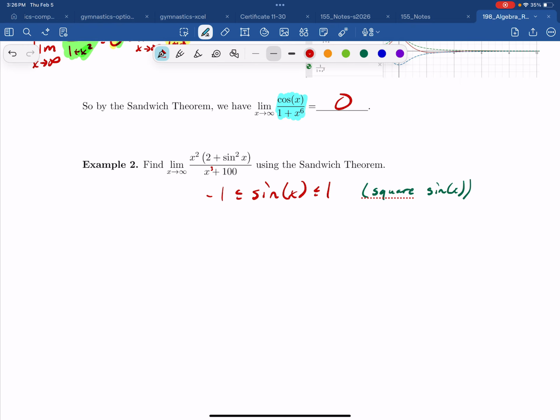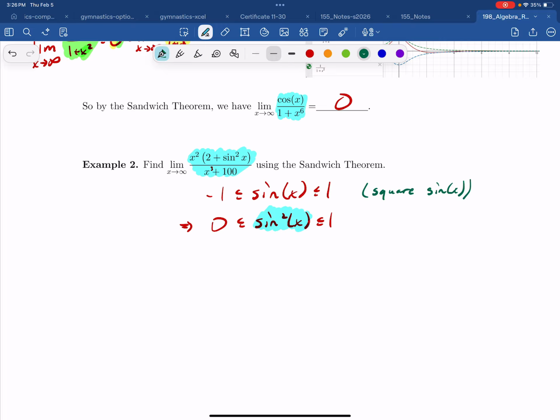Well, anything squared is non-negative. So we have this. Okay? I like to put a little implies symbol saying this implies that. Anyway. Now at this point, we need to change, get the highlighter back out. We need to change this into this.